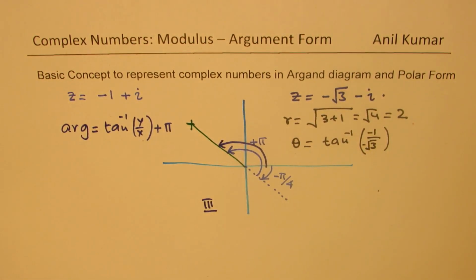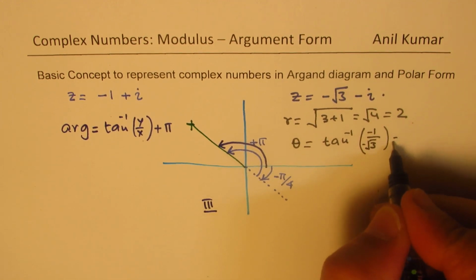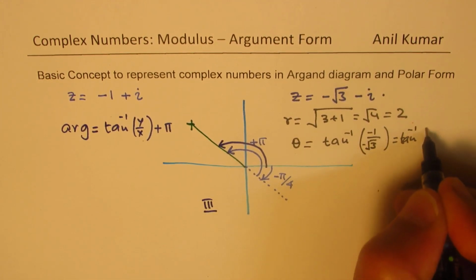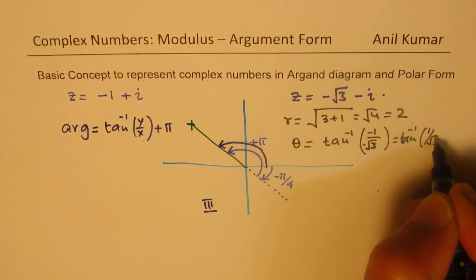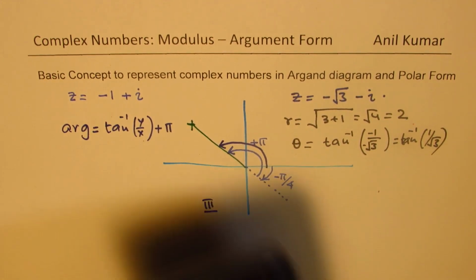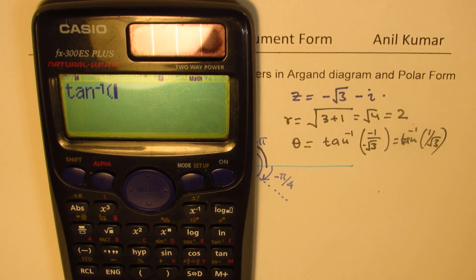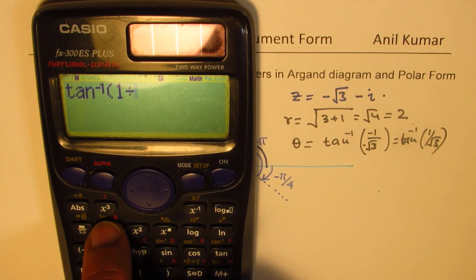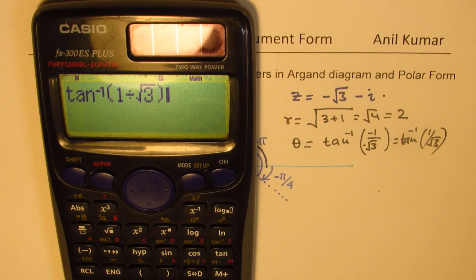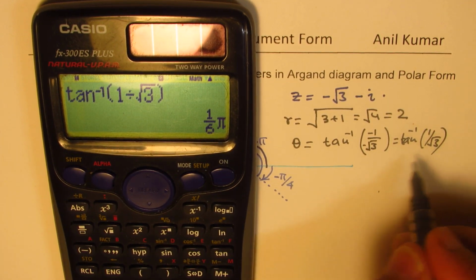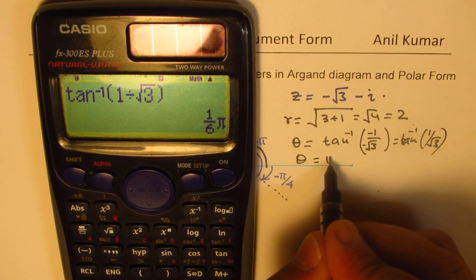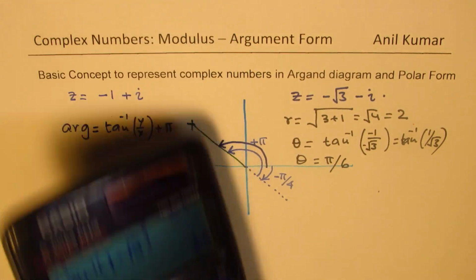So if you do that, which is same as tan inverse of 1 over square root 3, with the calculator, what do you get? Shift tan inverse of 1 divided by square root of 3 gives you pi by 6. So you get theta equals pi by 6.